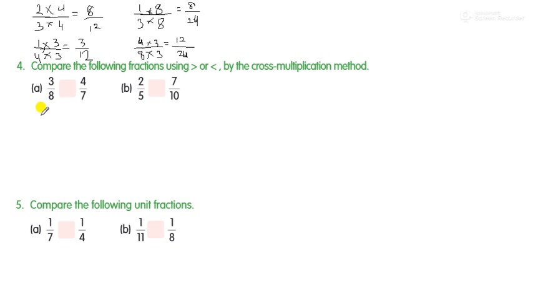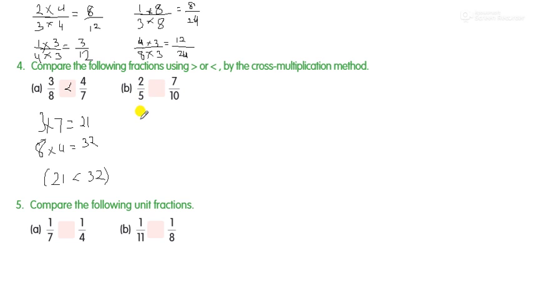Now cross multiply: 3 into 7 and 8 into 4. 7 3s are 21, 8 4s are 32. So here 21 is less than 32. So put a less than sign here.